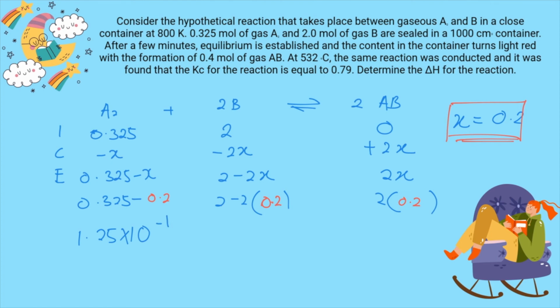The concentration of 2B is equivalent to 1.6, and the concentration of 2AB is equivalent to 0.4. Now we need to use all these values to put in the formula for the Kc.